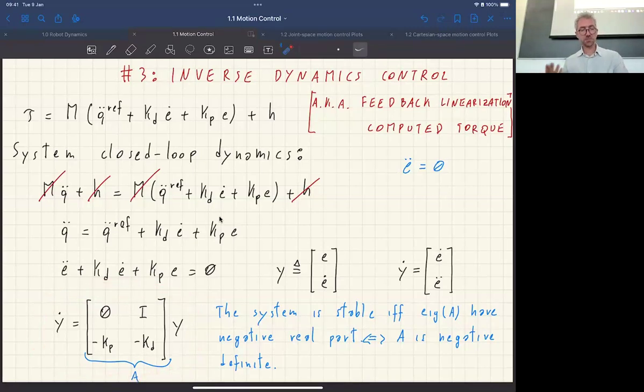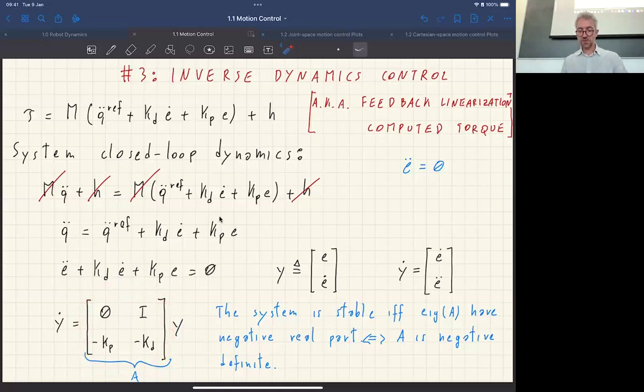So if you have taken some class on linear control theory, working with state space models like this one, you will know that a system of this kind is stable if and only if you take the eigenvalues of this matrix, you look at the real part of those eigenvalues. If that real part is negative, you have stability, global asymptotic stability.